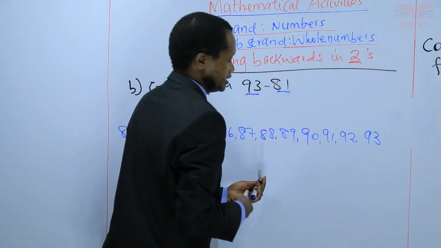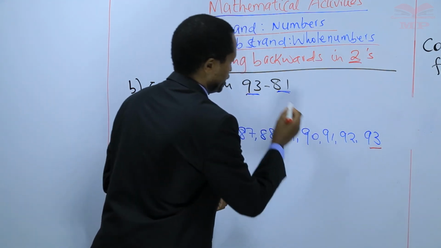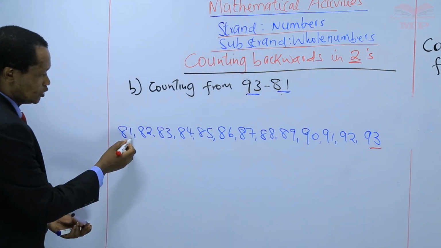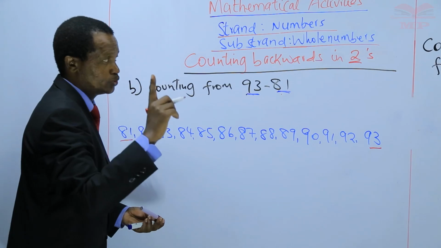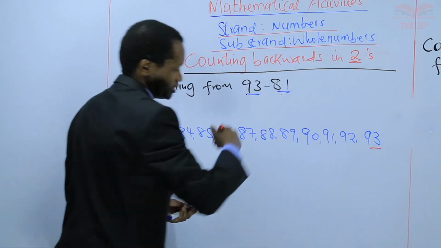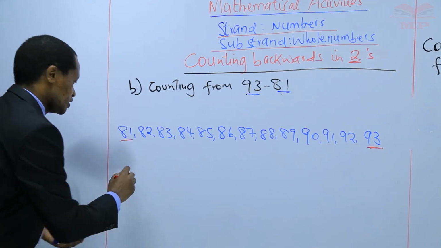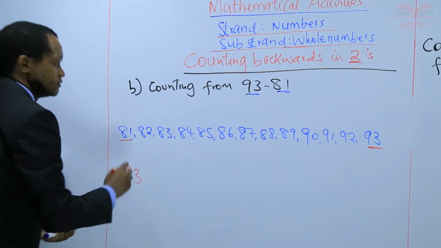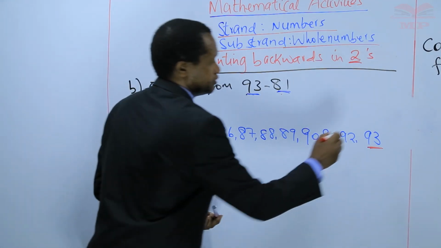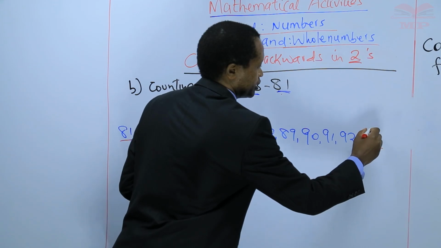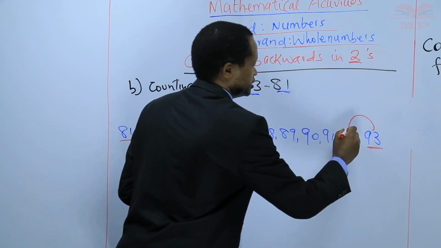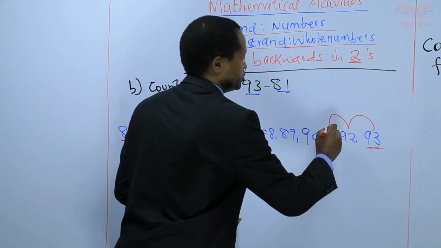This is 93 to 81 in twos backwards. So we begin at 93. So I'm going to write down here 93, learners, 93, going backwards 2 times, 1, 2.